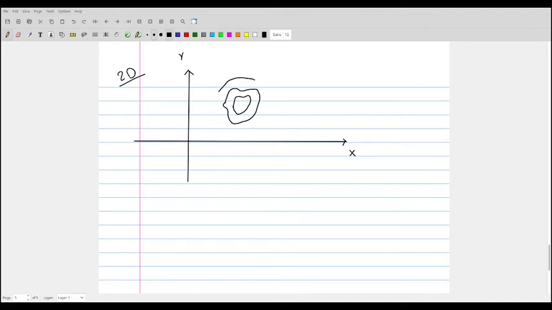Maybe it looks like this. Say that this point is a minimum of the function. So maybe the function's 5 here, 10 here, 15 here, 20 here, and 25 here, say.